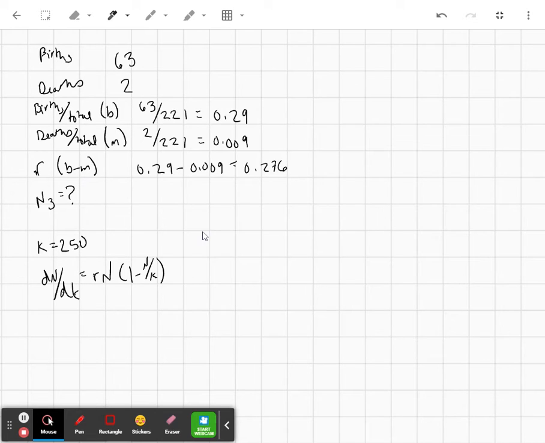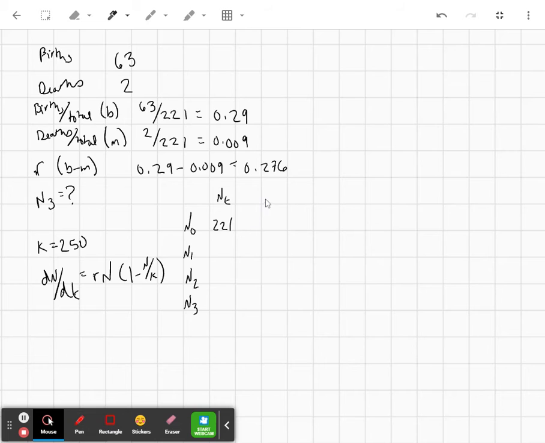Alright, so I'm going to set up my table to show all of my calculations. I'm going to start with my first population, my second generation, and then my third generation. And I'm starting with N at time t, so I've got 221.